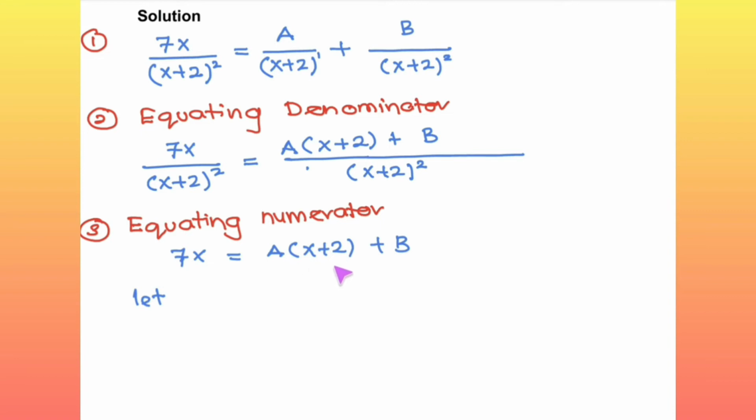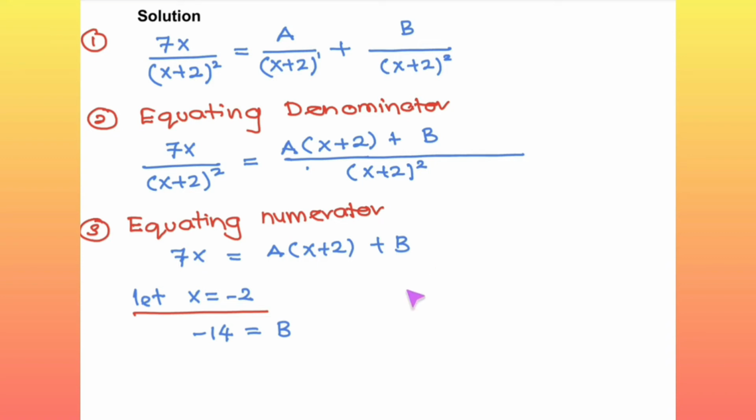To make it zero, we substitute x with negative 2. Negative 2 plus 2 is 0, and 0 times A is 0. So let x equal negative 2. We have 7 times negative 2, which is negative 14, equal to B.